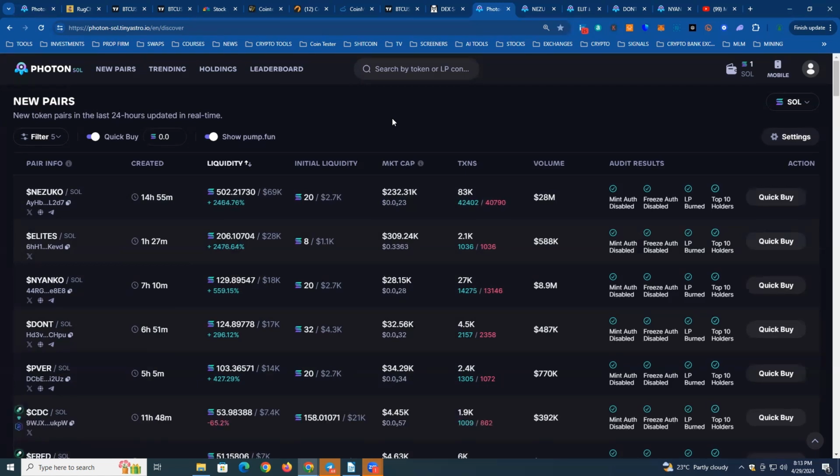Now, you're only going to make that profit if you do your due diligence on the coin, scan the coin using rug checks, and ensure that as the coin goes up in the direction that you're projecting, that you're taking profit along the way. That is the key.